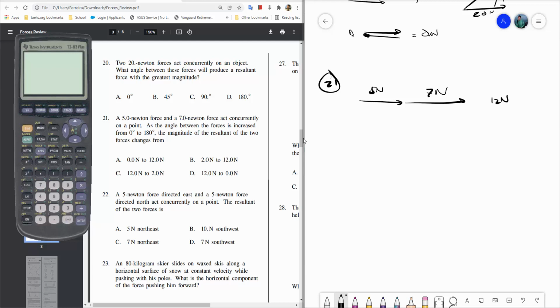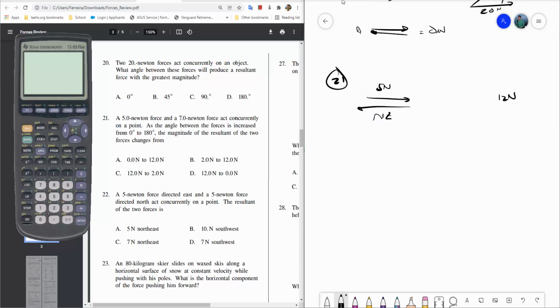And as you change from 0 to 180, if I took this arrow and rotated it from 0 to 1 degree to 45, all the way to 90, and then even more, 120, 135, eventually to 180, you put them together like this, you're going to get a resultant with a slight difference. See that?